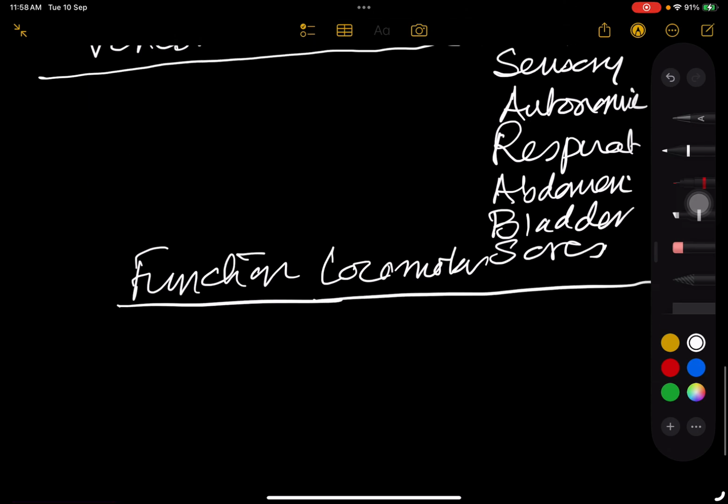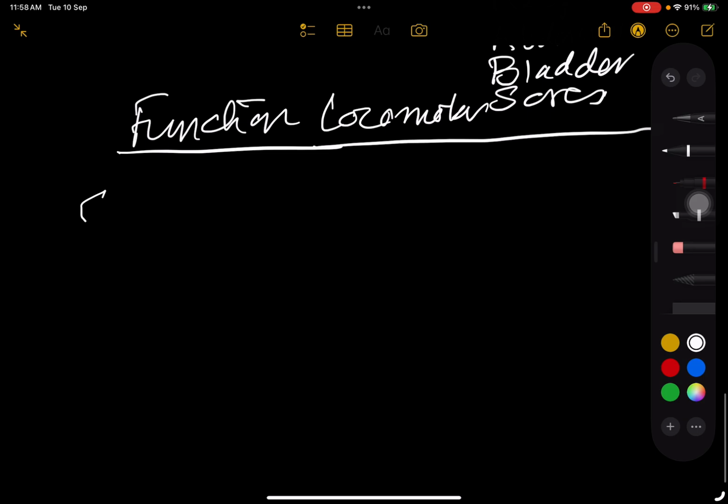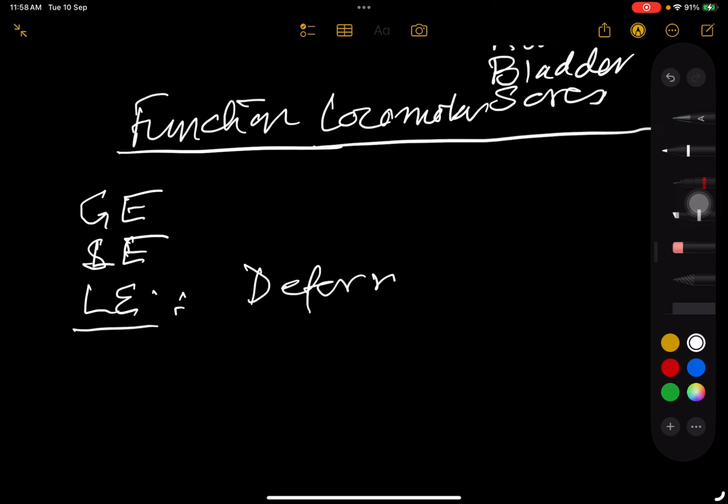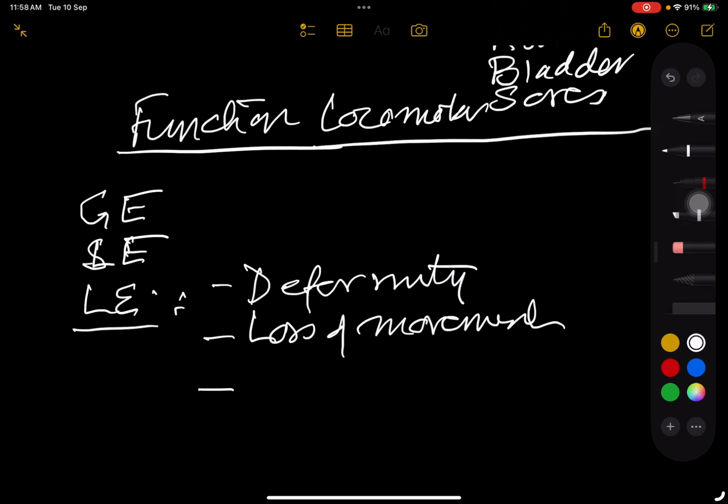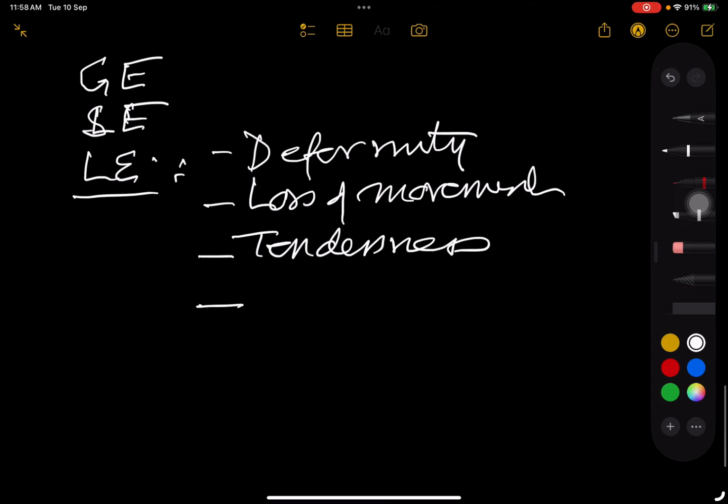Okay. Then you do a general examination, you do a systemic examination, and then you do a local examination. Local examination basically is deformity, loss of movement, localized tenderness, presence of cold abscess anywhere.